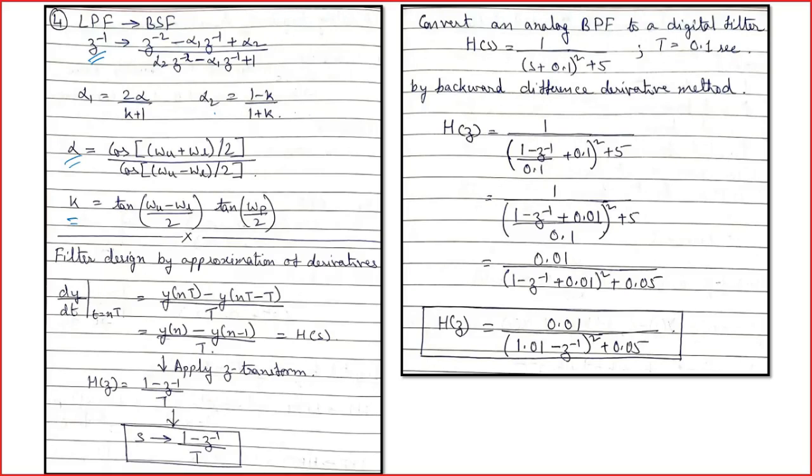Now there is another method, the last method. It is the approximation of derivatives method. Here what happens is that suppose you are given a time axis and amplitude values for any given signal.